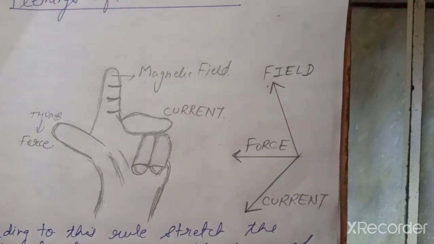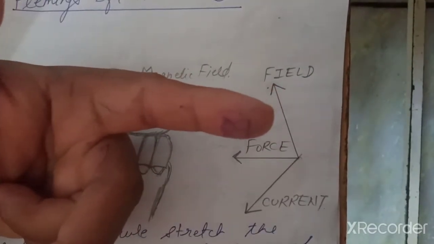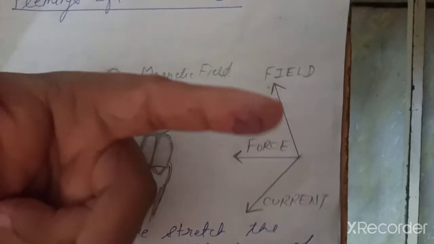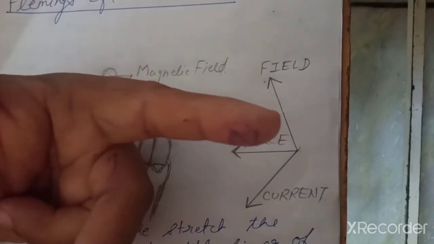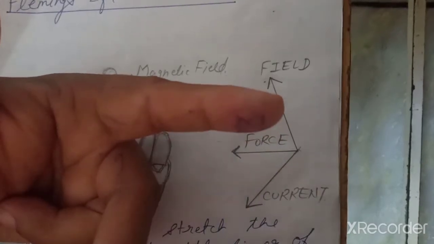For that, we take the left hand and study the different directions shown by the thumb, first finger and the second finger.